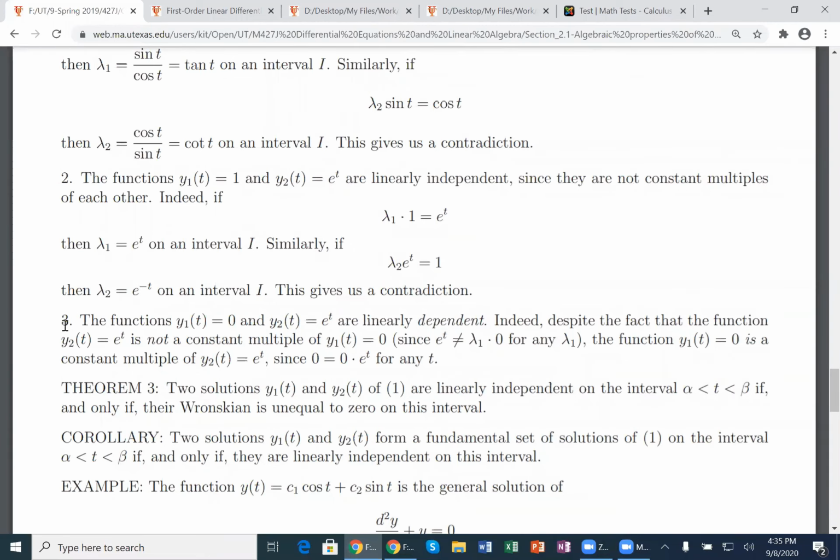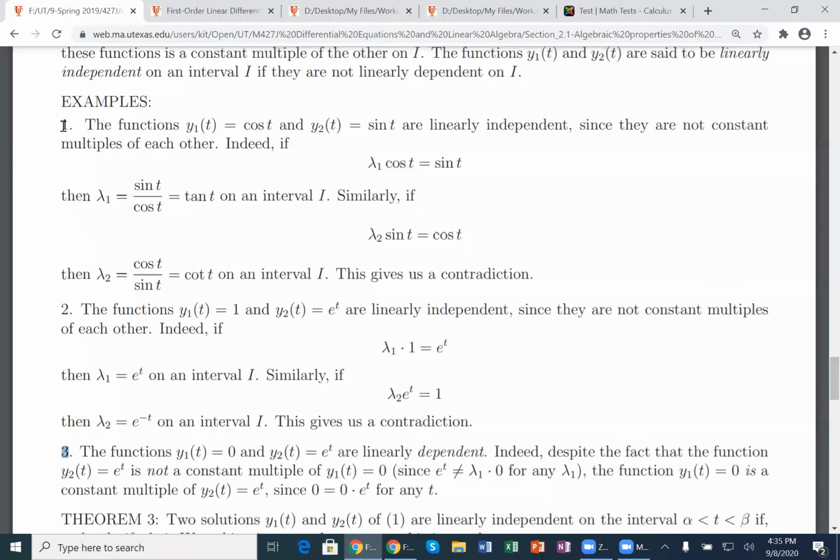And now compare example 3 and examples 1 and 2. Important. In order to prove that two functions are independent, we have to prove it in both directions. Meaning, we have to show that the first function is not a constant multiple of the second function, and the second function is not a constant multiple of the first function.